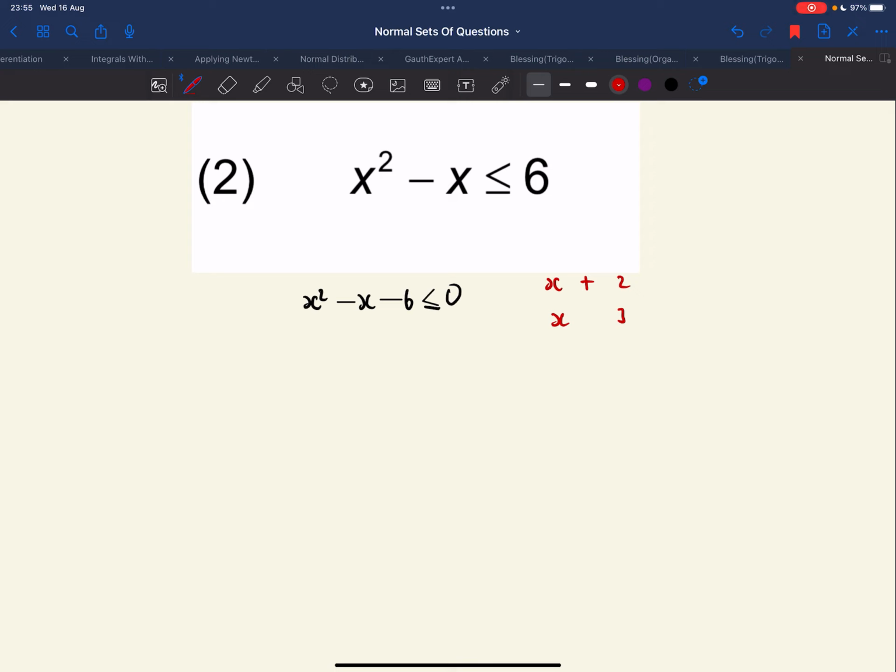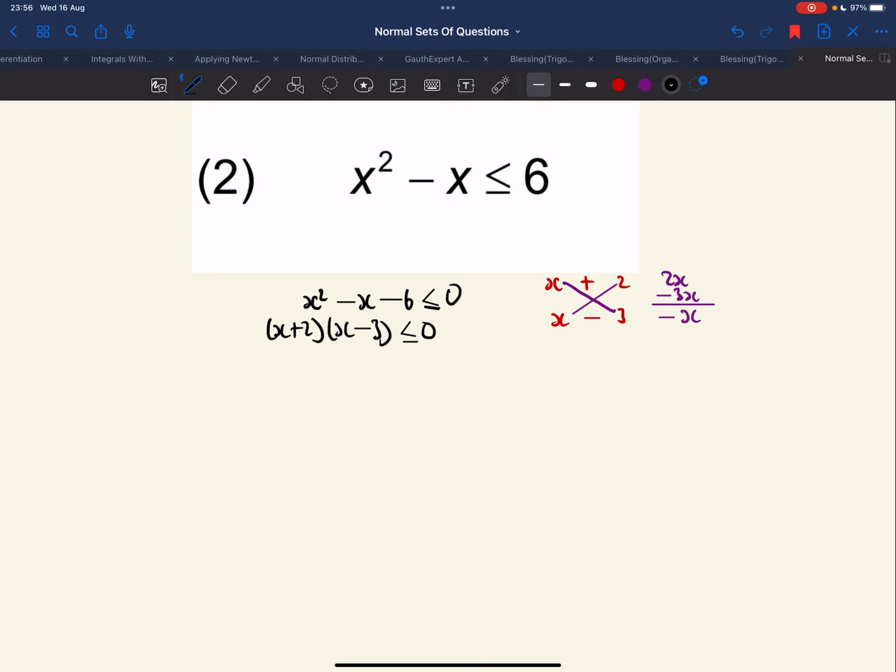The one that must have a negative is the one for 3, because we have a negative x there. If you cross multiply, you get 2x minus 3x, and if you add them up you get minus x. So our bracket is going to be x plus 2 and x minus 3, and that is all greater than or equal to 0.